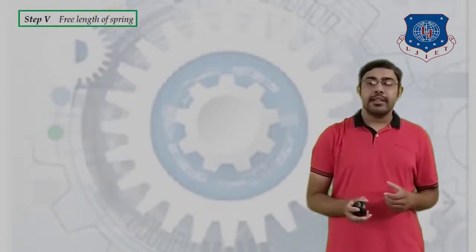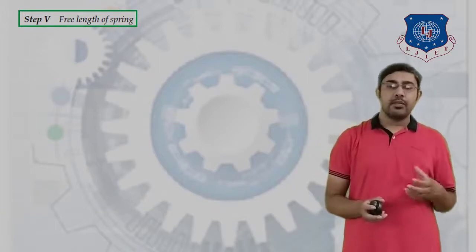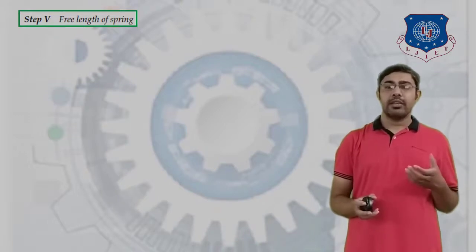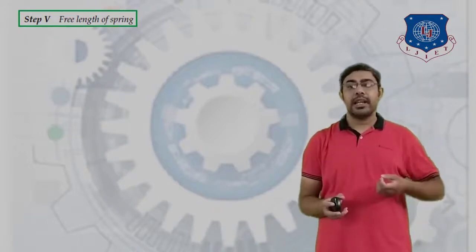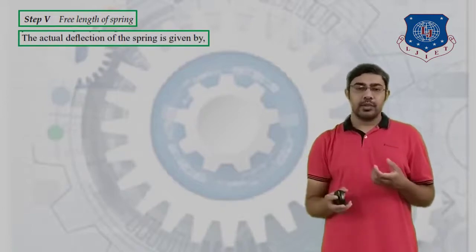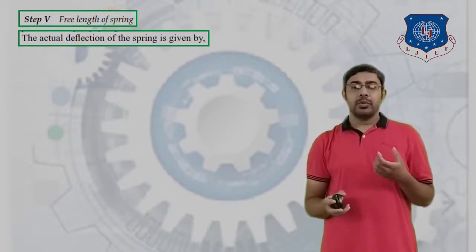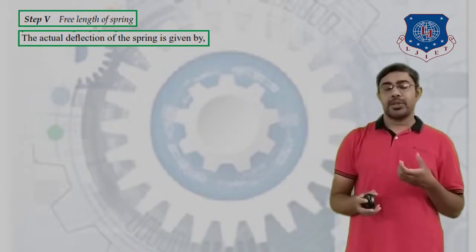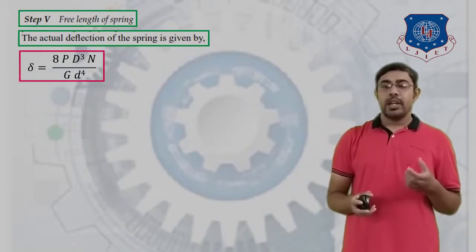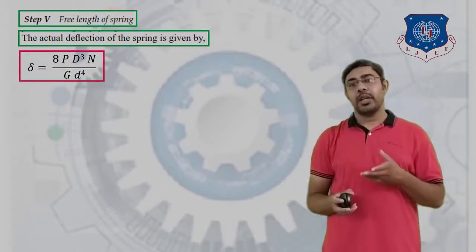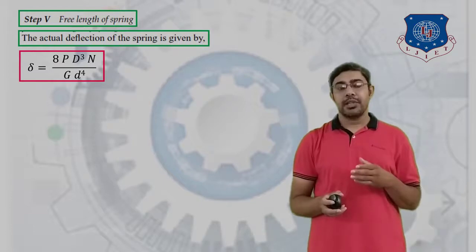Now next is the free length of the spring. As we know, the free length of the spring is equal to solid length plus deflection. So we first have to calculate the actual deflection of the spring. Here delta is equal to 8PD cube into N divided by GD raised to 4.